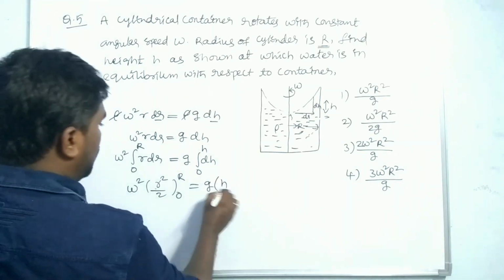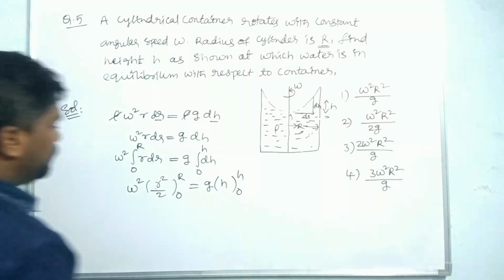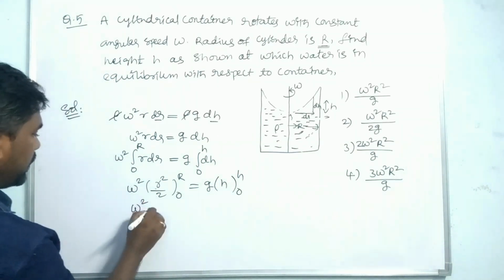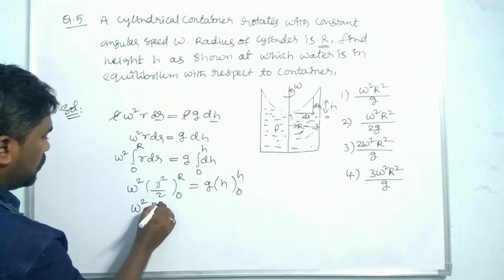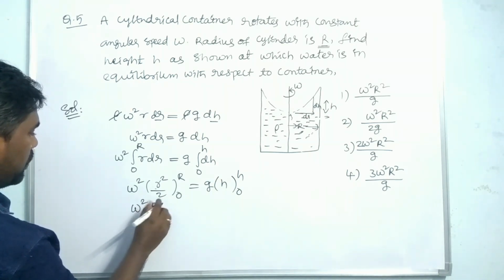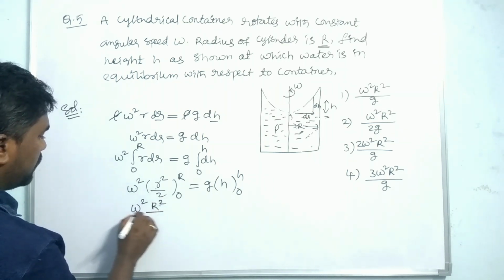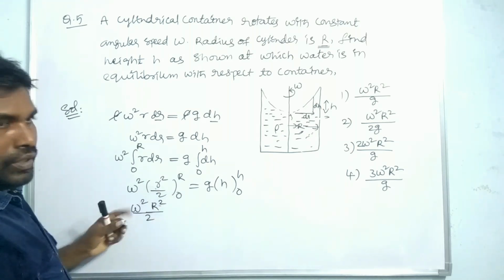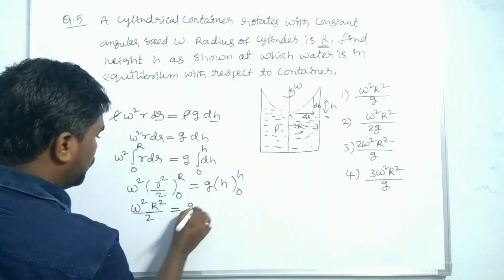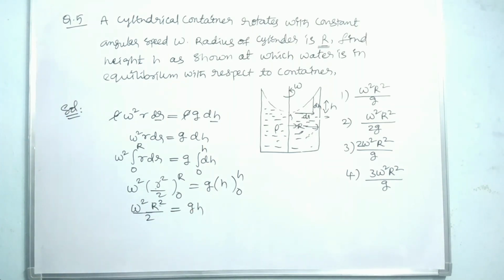Similarly, we have to write 0 to h. Let us write omega square into r square by 2, minus, of course it is 0, is equal to g into h. We have to know the value of the height h here.